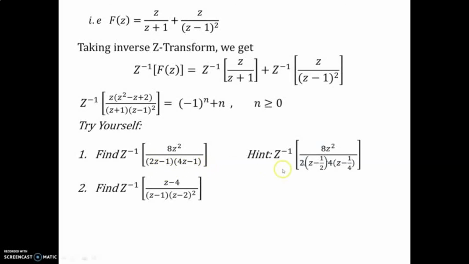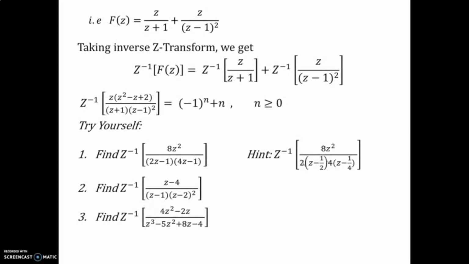We get 2 into 4, which cancels 8, and we get z inverse of z squared by z minus 1 by 2 into z minus 1 by 4, and then split into partial fractions. The second question: find z inverse of z minus 4 by z minus 1 into z minus 2 the whole squared. The third one: find z inverse of 4z squared minus 2z divided by z cube minus 5z squared plus 8z minus 4.